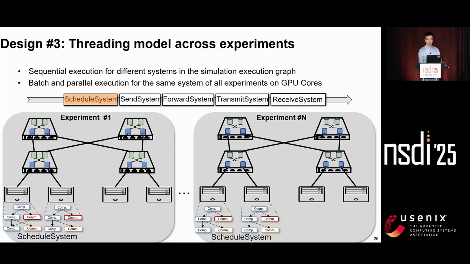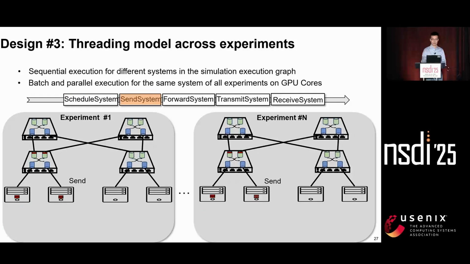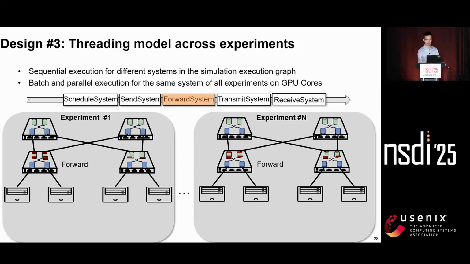For example, Multiverse starts by running a schedule system, which integrates overall loads of training workload. Then it runs the sense system, which runs the congestion control algorithm and sends packets into the network. Then it runs the forward systems, which forward packets based on the forwarding table, and then the transmit system and receive system.